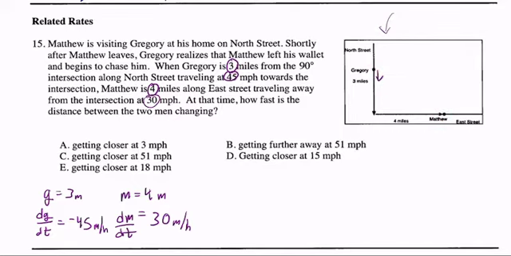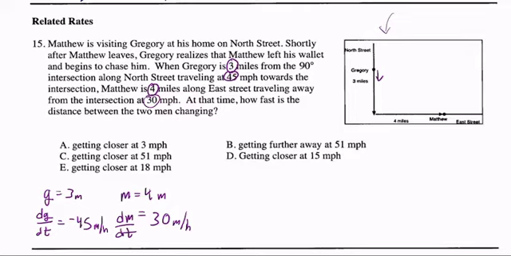You gotta be really literal when you read this. So the most right answer is going to be the diagonal distance. That's what you're trying to figure out: the rate at which that distance is changing.